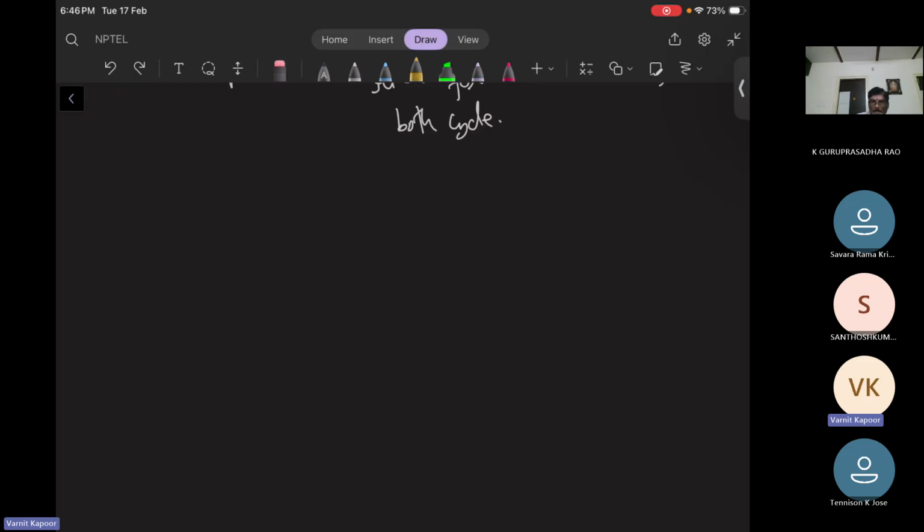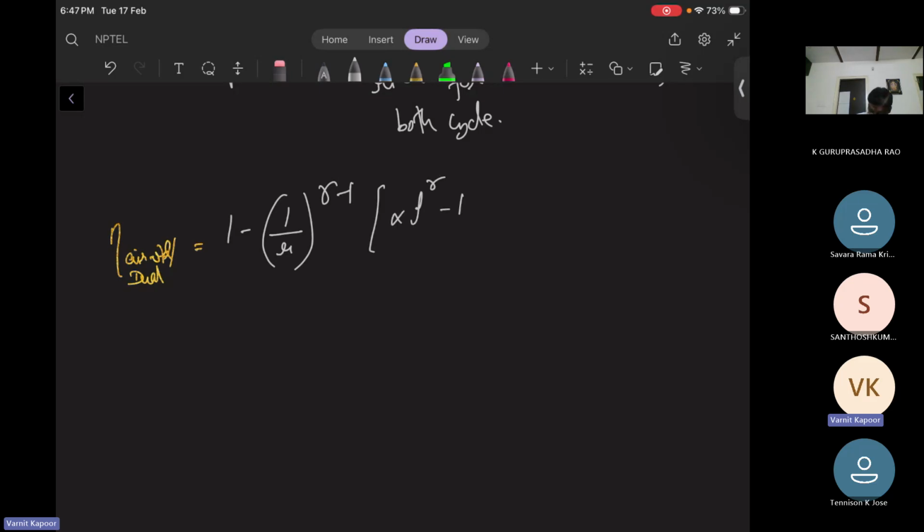Let me write again the air standard efficiency of dual, which is 1 minus 1 by r to the power of gamma minus 1, times alpha times rho to the power of gamma minus 1 by alpha minus 1 plus alpha times gamma times rho minus 1.